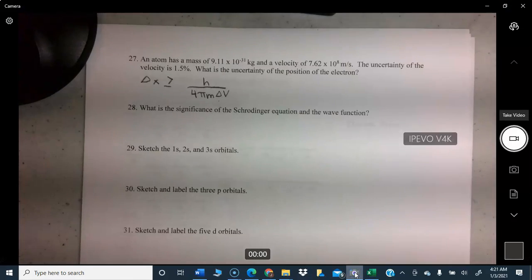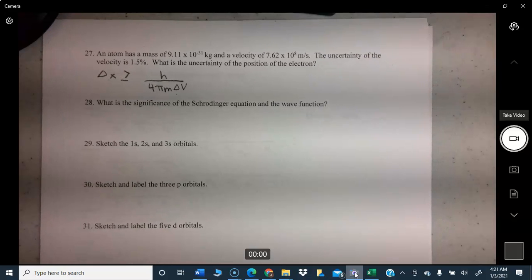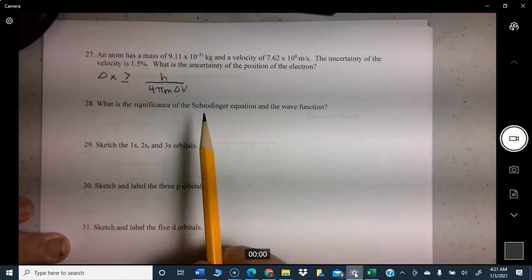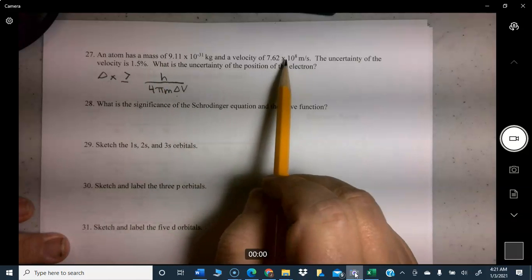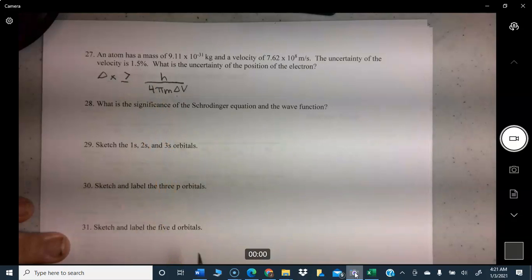Now we're going to go back to my sheet right here, and there it is. So I copied that down. The first thing we do in the example is calculate the uncertainty of the velocity. It gives you a velocity here, and you're going to simply multiply it by this percentage.